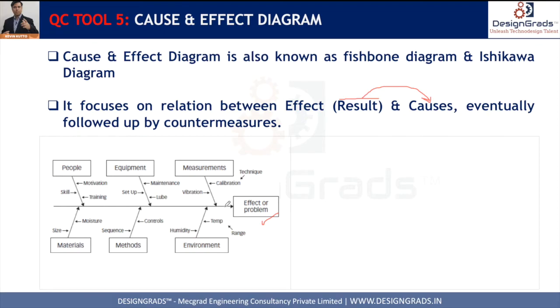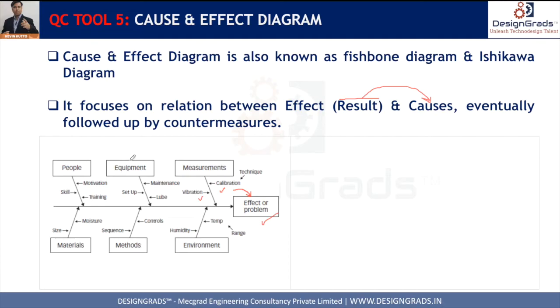But finally what we are trying to show here is the subgroups. Okay, these are the subgroups under which we are going to list down various possible root causes, which might affect this end result or which might contribute to the end problem.